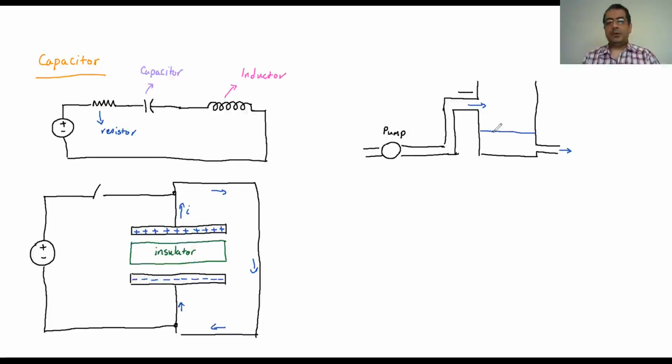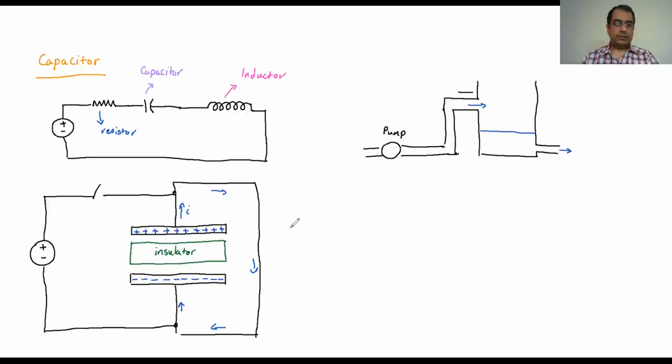Whenever the valve is closed, the water still leaves the tank from the water stored in the tank. Unless I keep the valve closed for a long time, all the water in the tank is eventually going to leave, and then it becomes dry. This is how it works here. So when I have the battery, I store some charges over time. And if I disconnect it, or I connect the other two ends to other sources, it's going to release the energy it stores to other elements of the system.